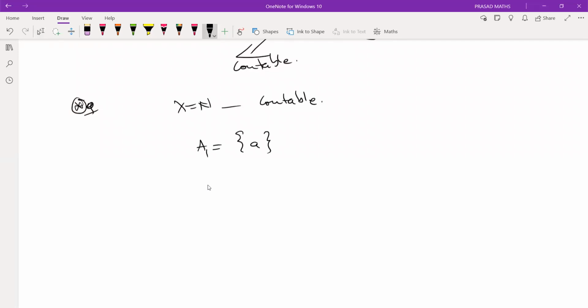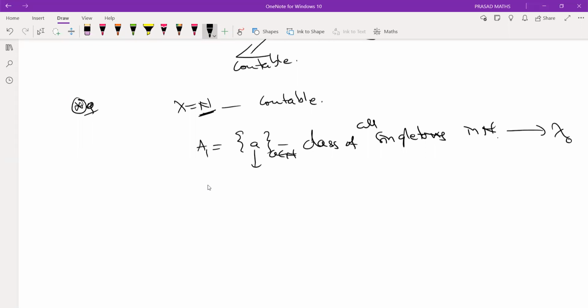Why? See, give me a. How many a's can you give me? a belongs to N, so how many choices? Aleph-null choices. So countable.